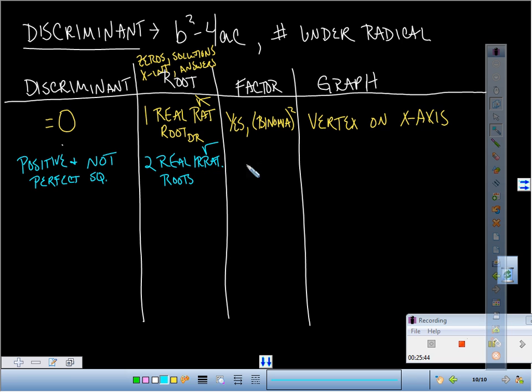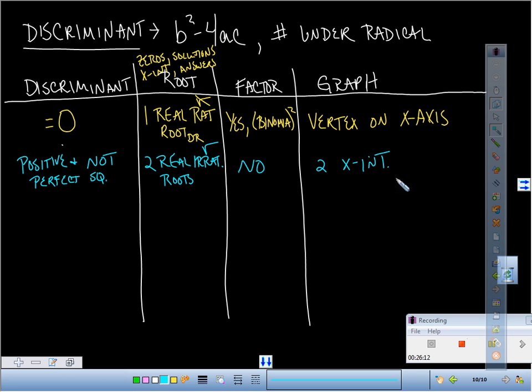Is it going to factor? Have you ever factored and had a square root? You can't factor. You can work all day, you'll never factor it. What about on the graph? What's it going to have? Two x-intercepts, not two vertexes.